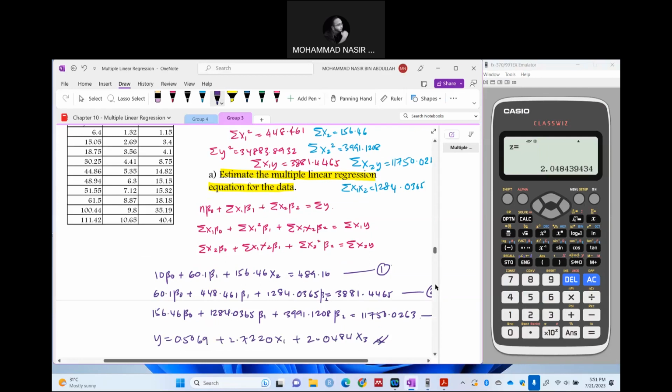Okay, so in final assignment, even though you can use Excel to compare the result, but you need to compute by calculator lah. So this is x2, right?